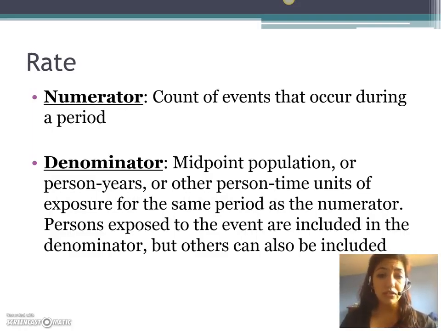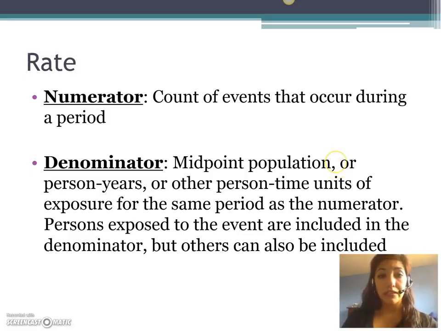So the numerator is the count of events that occurred during that specific time frame, and the denominator is the midpoint of the population, or depending on what we're looking at, person-years or person-time units of people exposed in the same time period, exposed to the same event. Now, the people that are exposed to the event are included in the denominator.